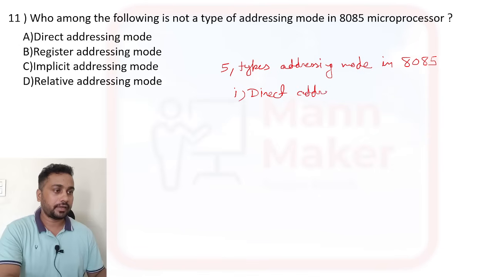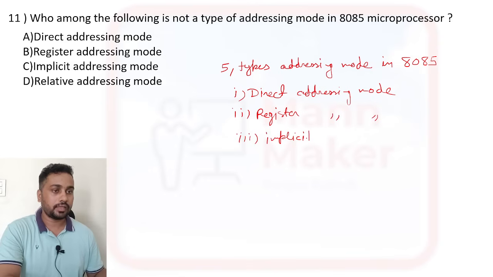Direct addressing mode. Second is the register addressing mode. Third is the implicit addressing mode.